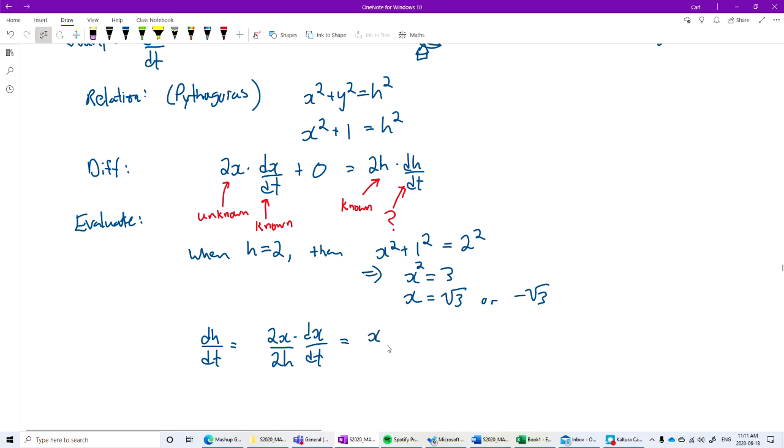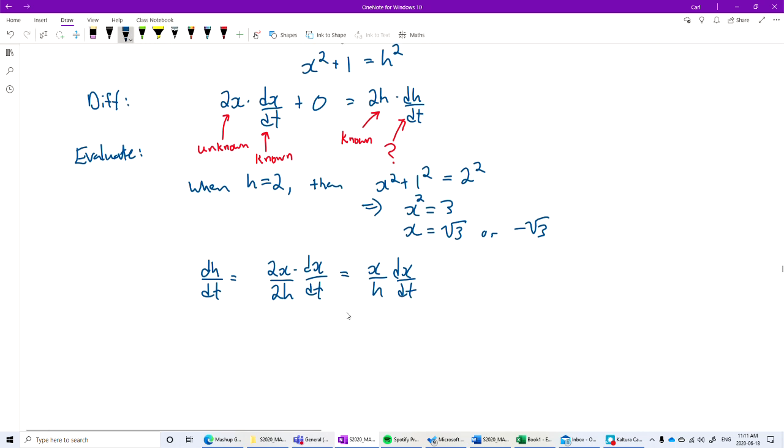So it's x over h times dx/dt. Let's put in the numbers. It's either square root of 3 over 2 times 500 miles per hour, or the other value of x, minus root 3 over 2 times 500.